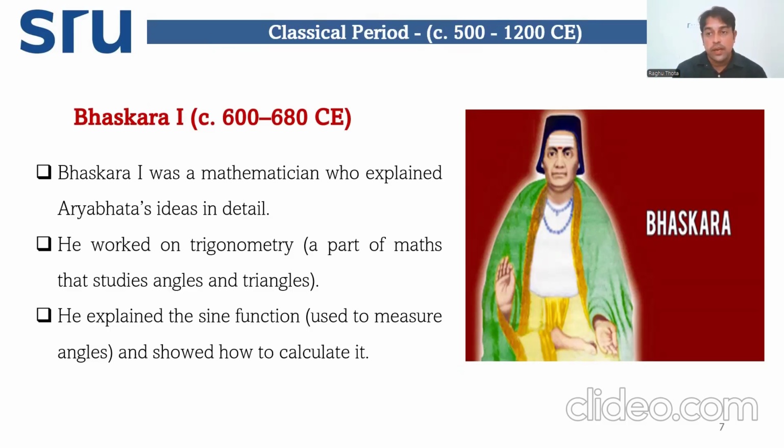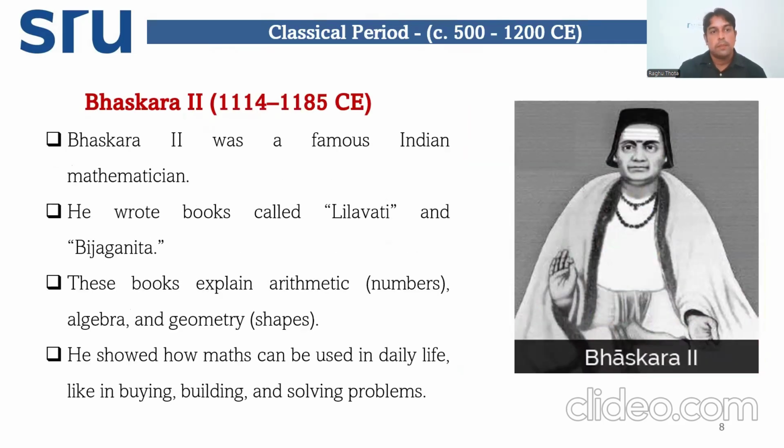That is the significant contribution of Bhaskara 1 in the classical period of mathematics. He worked on trigonometry, the part of maths which studies angles, triangles, and everything. He explained the sine function, which is used to measure angles, and showed how to calculate it. So this is about Bhaskara 1.